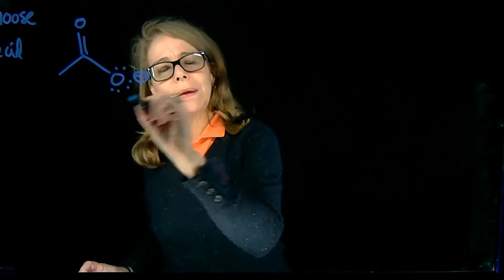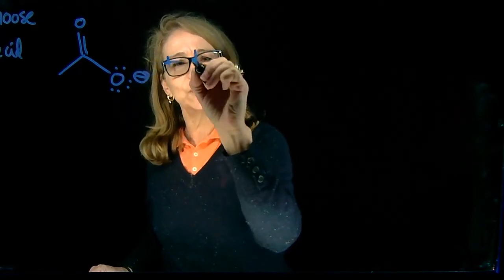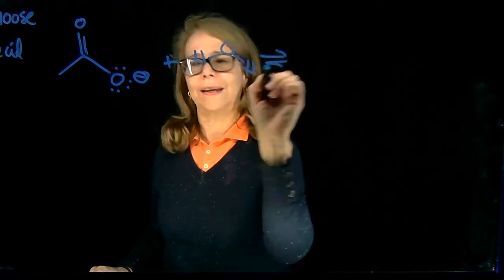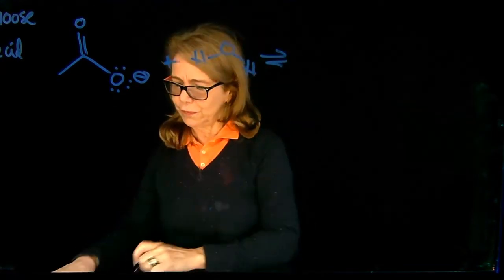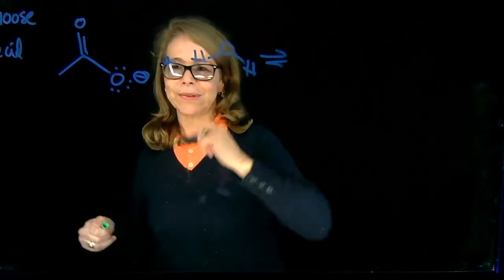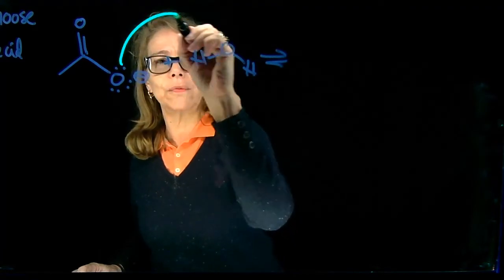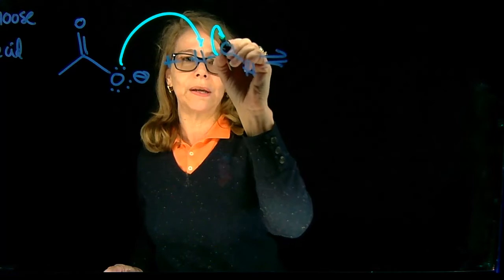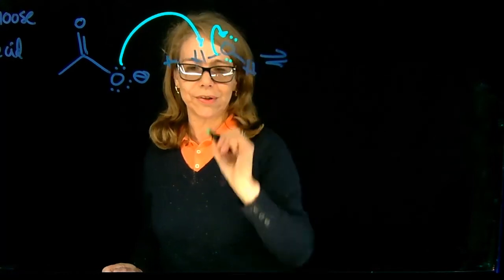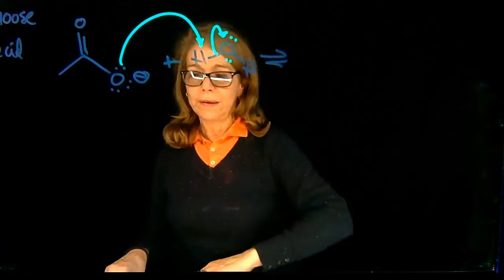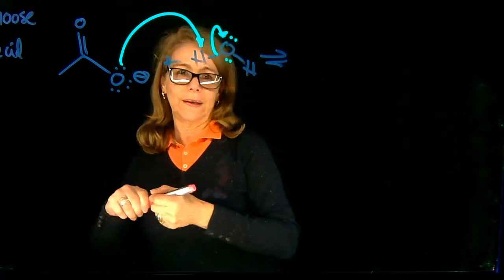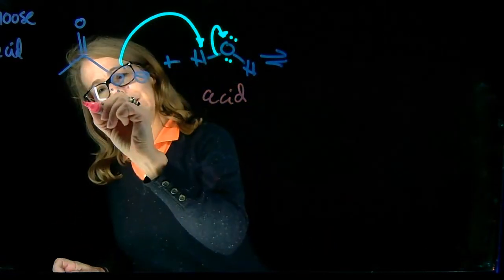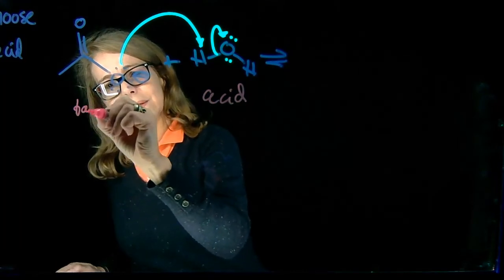So this is my base, and I am going to use water as my acid. And we're going to see what are the products. So first, let's draw the arrows, how the proton transfer happens. The base gets the proton, this bond breaks, and then my electrons are going to be assigned to water. Here, water is acting as the acid, and acetate is my base.